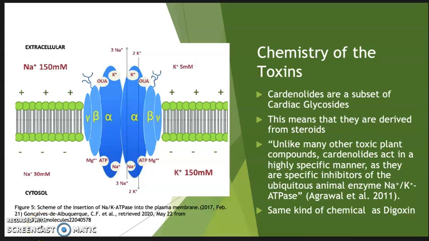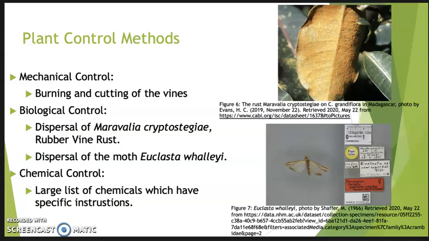Cardinalides are highly specific to sodium-potassium ATPase enzymes. The cardinalides of rubber vine target the alpha subunit of the enzyme. The chemical attack can be reversed if treated in adequate enough time by intravenous calcium and digoxin-specific antibody fragments. Digoxin-specific antibody works to reverse rubber vine poisoning because of how similar the chemicals are. Thus, rubber vine is highly toxic to domestic herd animals.